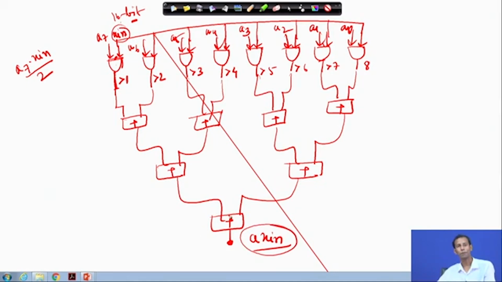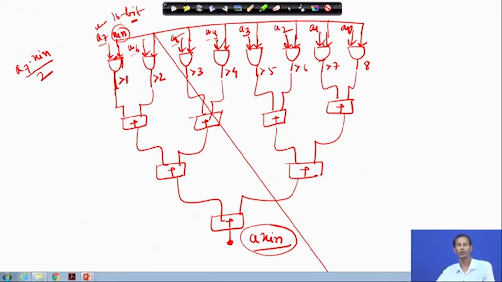So this same architecture will be followed for B, and the same architecture will be followed for C. At that time the only change will be at A7, A6, A5, A4; instead, for B it will be B7, B6, B5, B4, and for C it will be C7, C6, C5, C4, something like this.